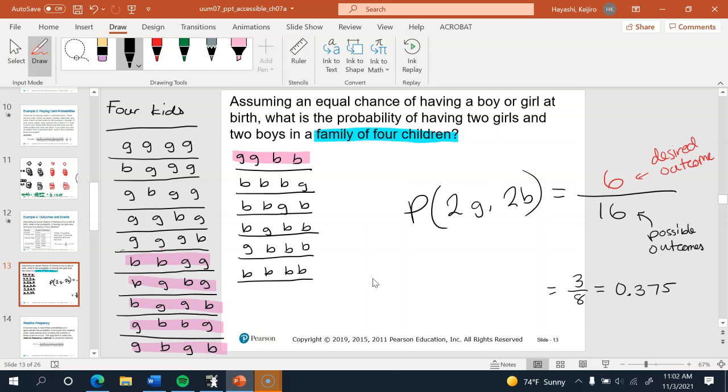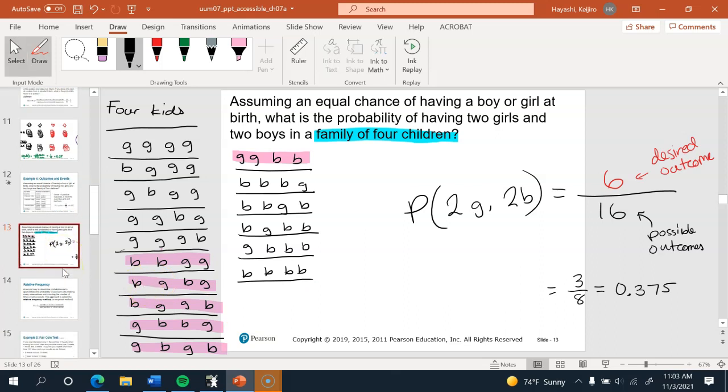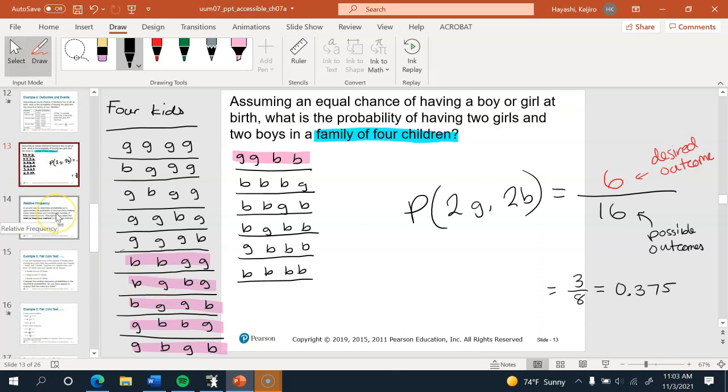Aside from certain cases, why am I talking about that? There are countries where they prefer one over the other, and they'll do certain things to make that happen.